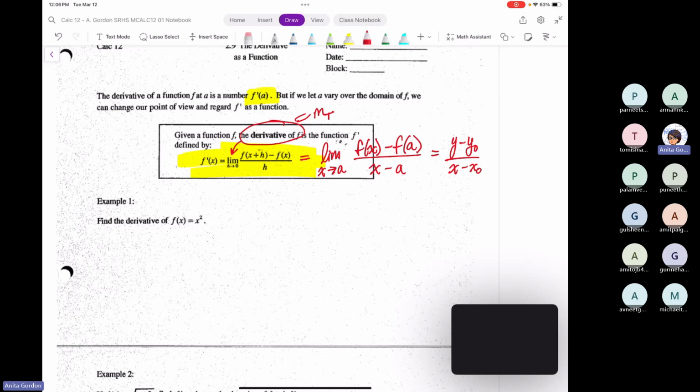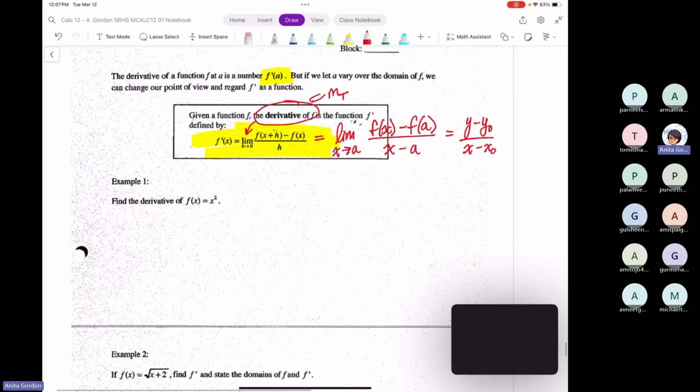All of these mean the same. They are the derivative, the instantaneous rate of change, the limit as x approaches our point of interest, or the limit as the change in the distance h goes to 0. All of these things mean the same.